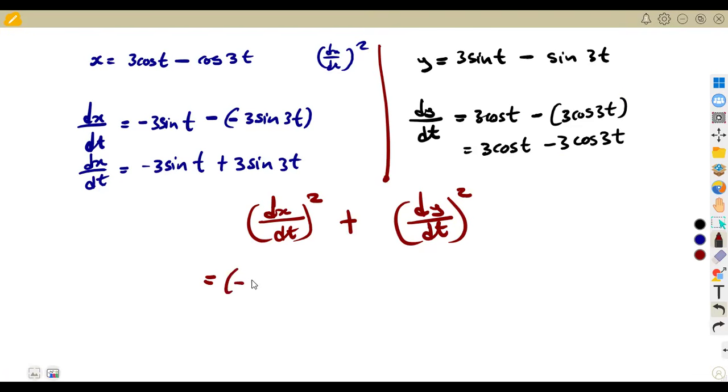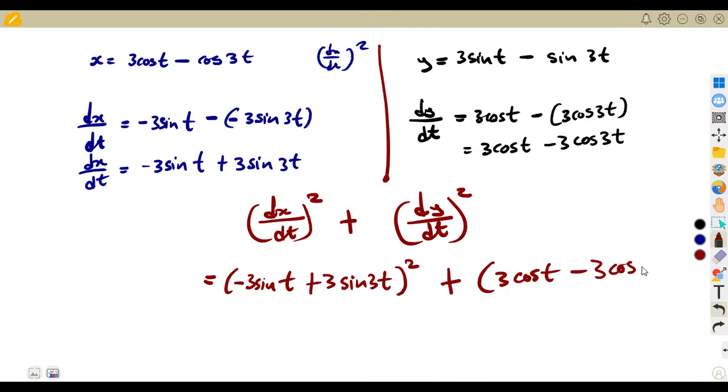So that is minus 3 sine t plus 3 sine 3t, like this, to the exponent of 2, plus the derivative of y with respect to t, which is 3 cos t minus 3 cos 3t squared. So we are squaring this, right? So we square this, we square that, we combine.